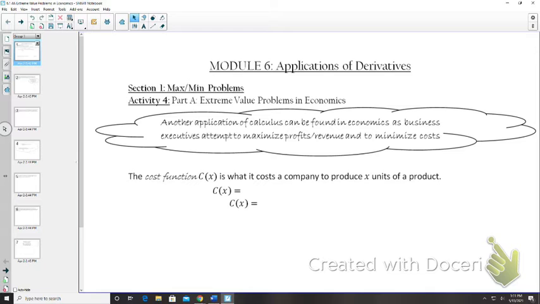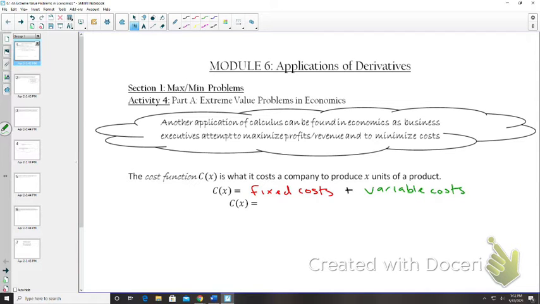So first thing we are going to talk about is the cost function. This is what it costs a company to produce X units of a product. So cost is equal to fixed cost plus the variable costs. Fixed costs could be how much it costs the company to actually create that product.